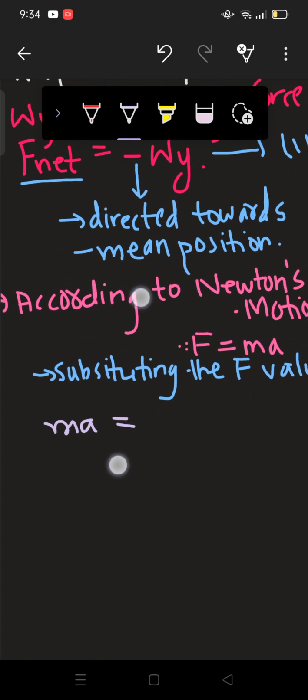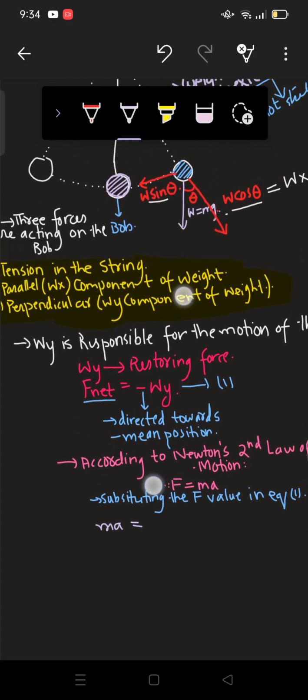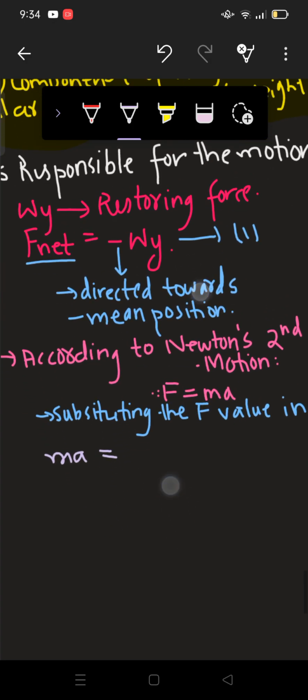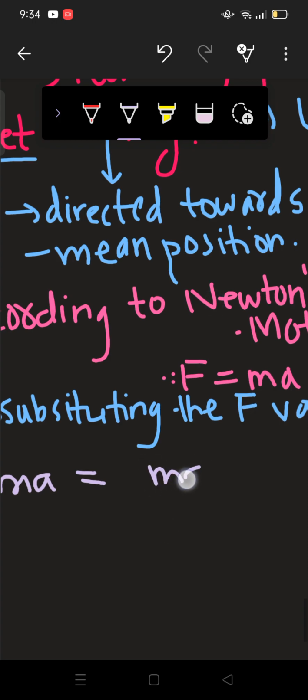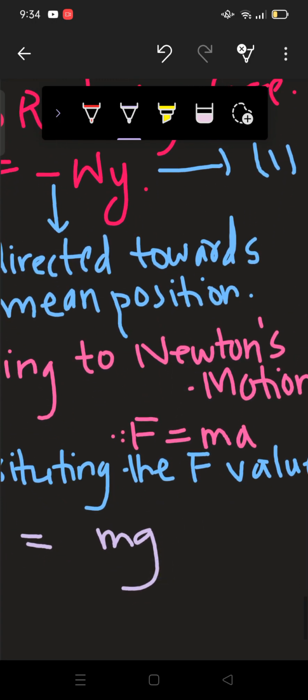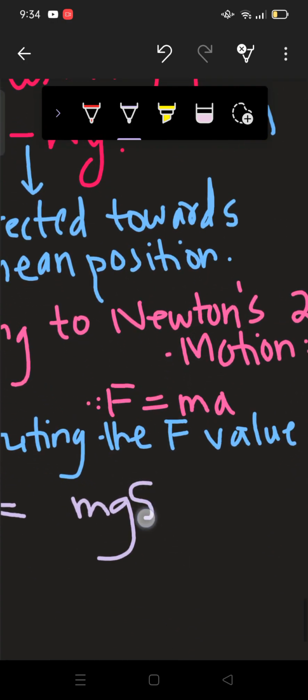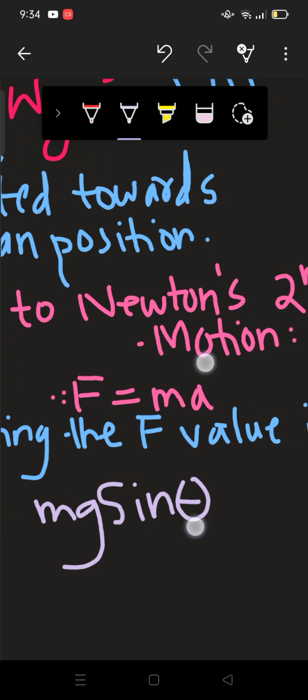ma is equal to, now see, the Wy component of weight is equal to what? W is equal to mg, and the Y component is sine theta. So W sine theta means mg sine theta, since W is equal to mg.